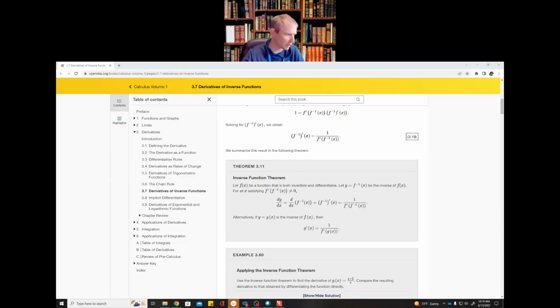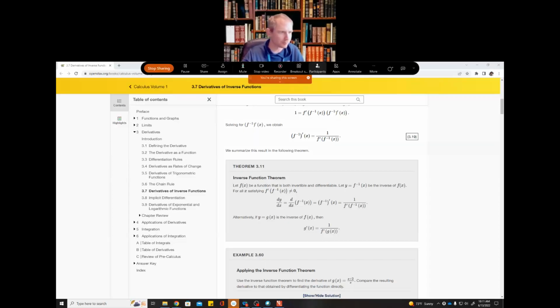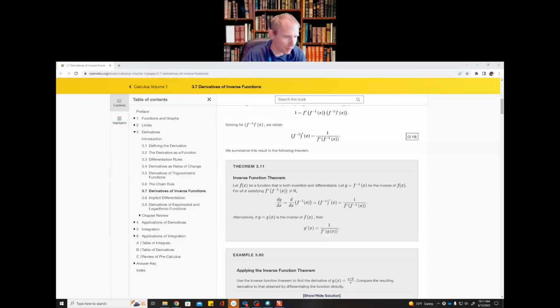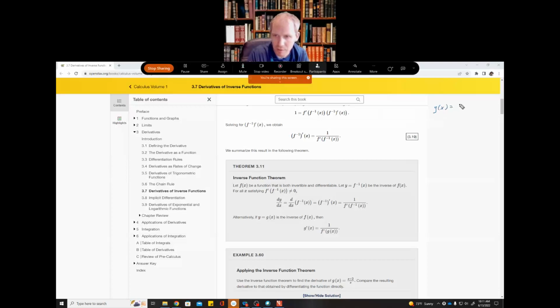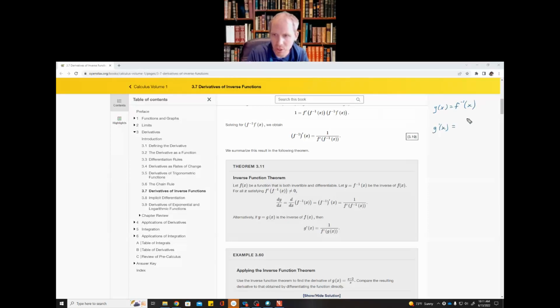So let me write this on the screen so that it'll stick when we switch over to the homework. So if g of x equals the inverse of f of x, then the derivative of that inverse function, the derivative of g, is 1 over f prime of g of x.